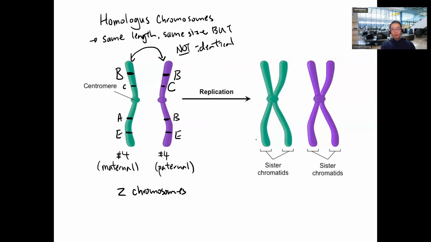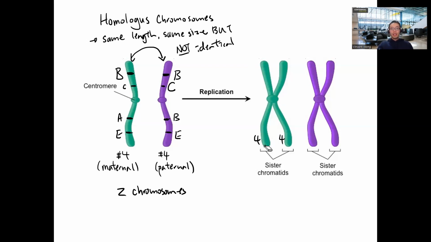So now you're going to have number 4 from mom and number 4 from mom, exactly the same as each other, and they will be glued together at this location called the centromere. After DNA replication, you will have 2 chromosome 4 from mom and 2 chromosome 4 from dad, and the ones that are exactly the same will be stuck together at the centromere.